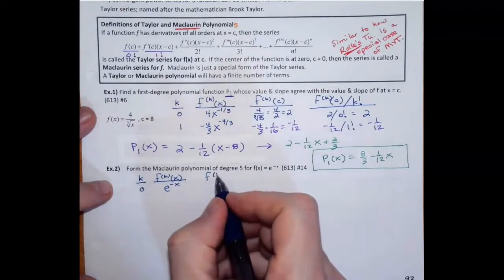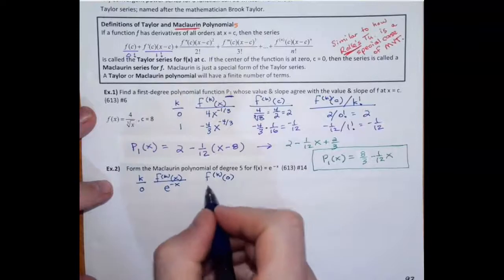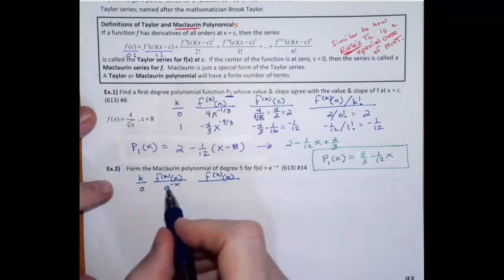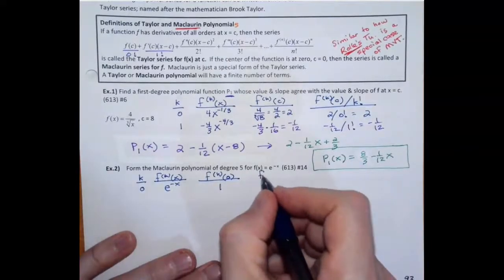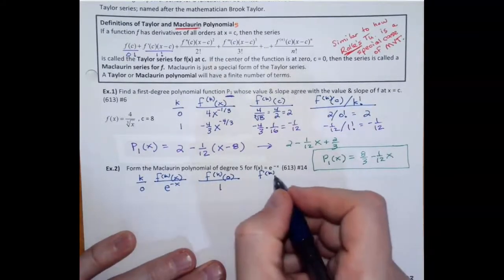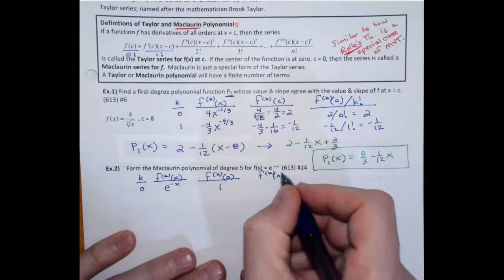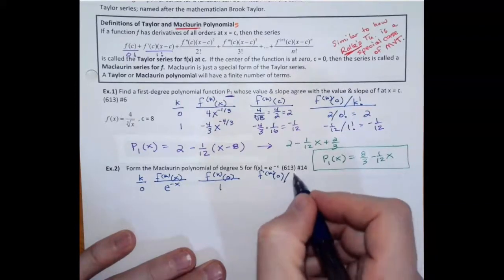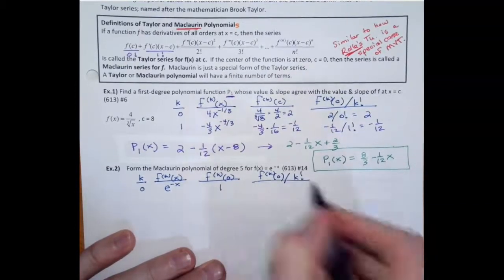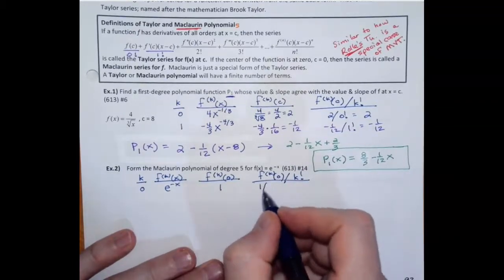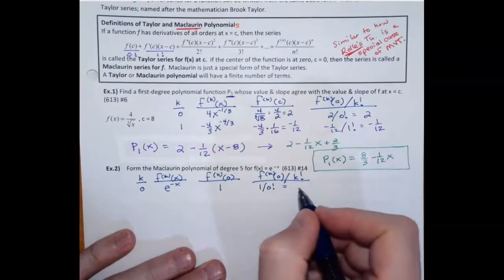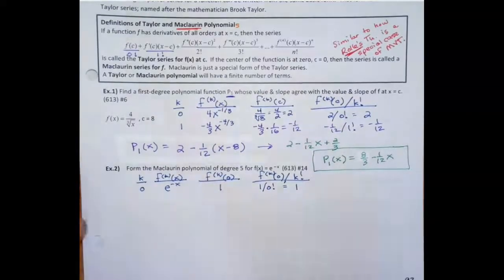And then we need to evaluate that at 0. So e to the 0 is going to be 1. And then the next step is to take that, evaluate it at 0, because that's our center, and divide that by k factorial. So that's just 1 divided by 0 factorial. So that's just going to be 1.